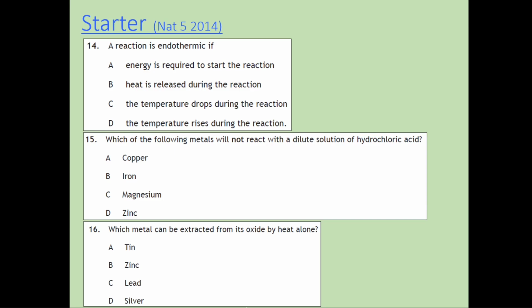Now, what we're looking to do here is again look in the electrochemical series, see which one of these metals is right at the bottom or close to the bottom, because that'll be the easiest to extract. That'll only require heat to extract it. And so D, silver, right at the bottom of our electrochemical series, very easy to extract. Only need heat to extract it. Don't need heat and carbon, definitely don't need electrolysis, so the correct answer for this one is D.